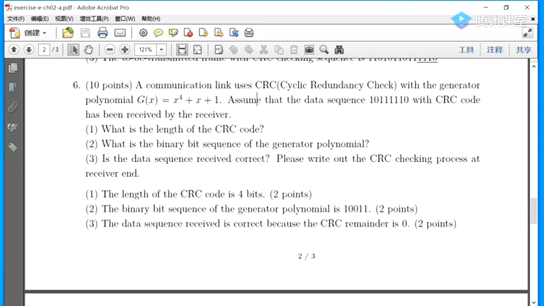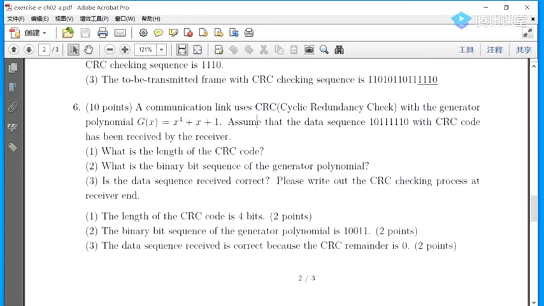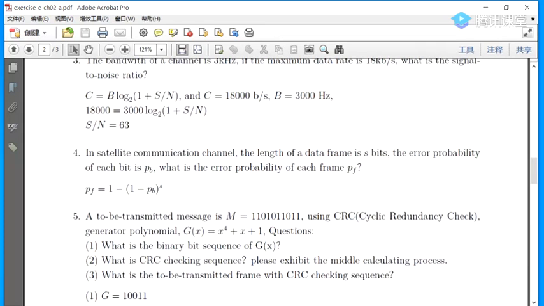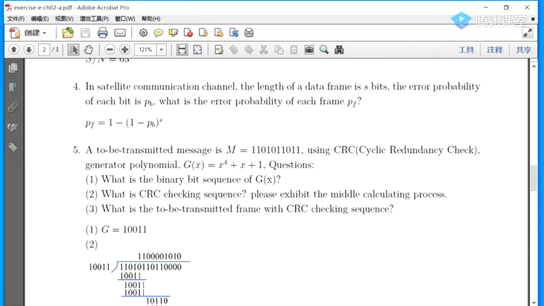What is the length of CRC code? So, this is the CRC calculation for the sender, to be transmitted, at the sender end.